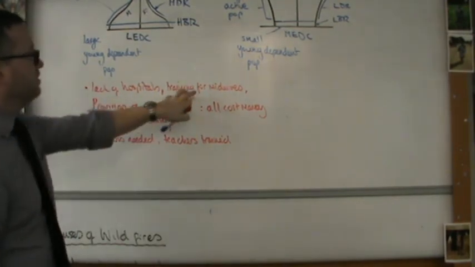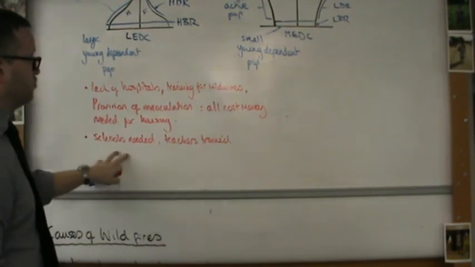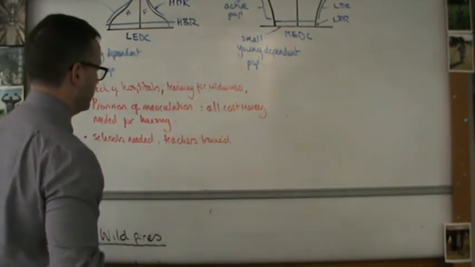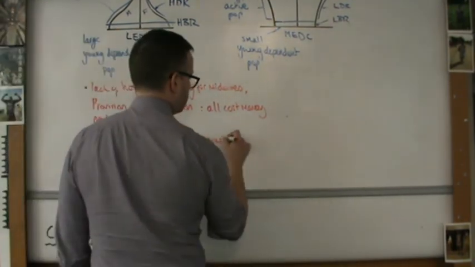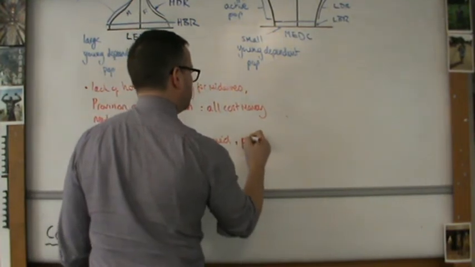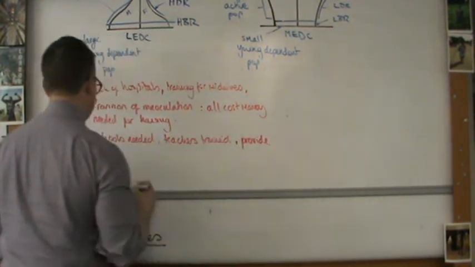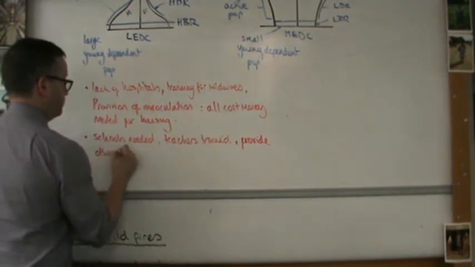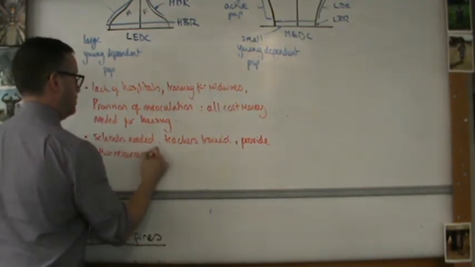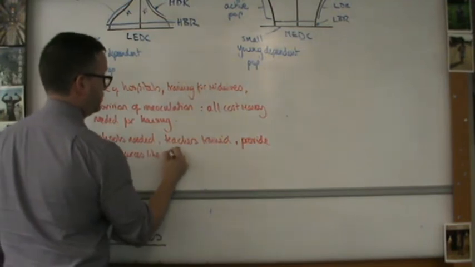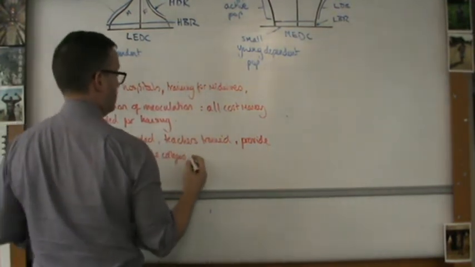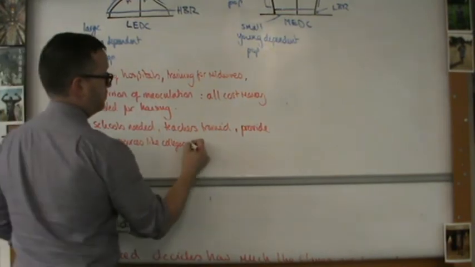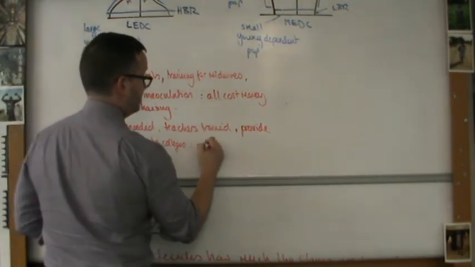Hospitals need built, midwives need trained, schools need built, teachers need trained. And we will also need to provide other resources like colleges. This is very expensive again.